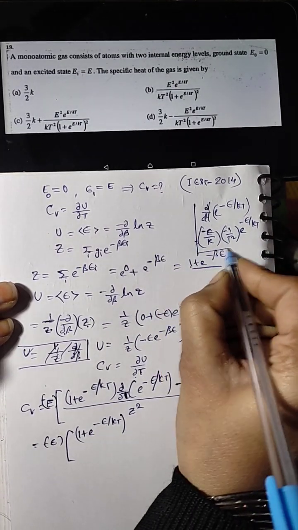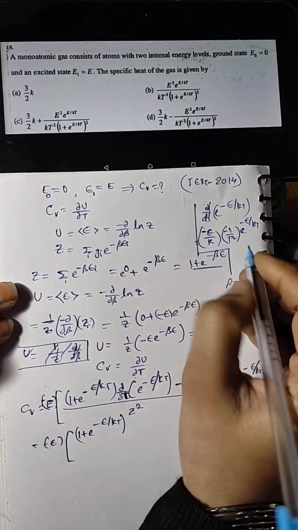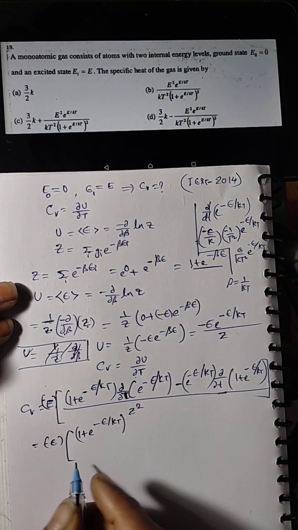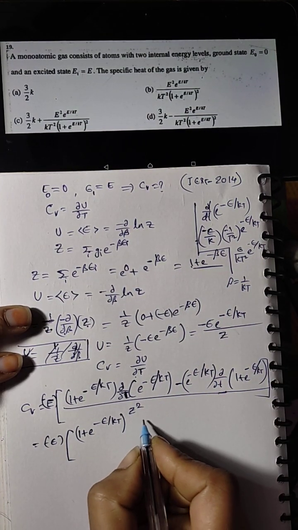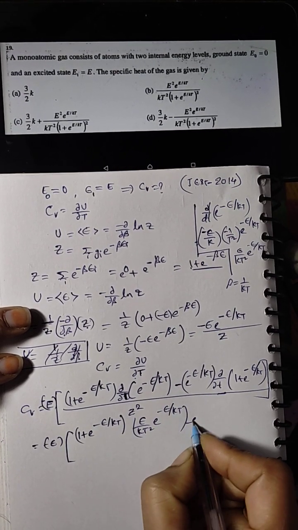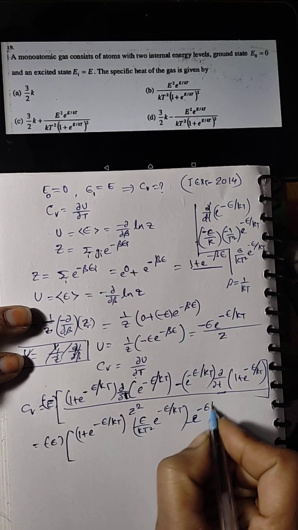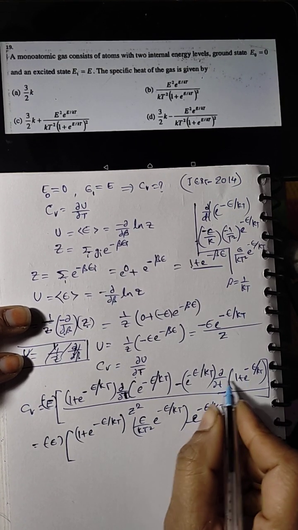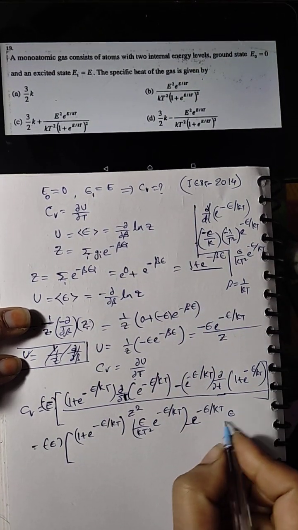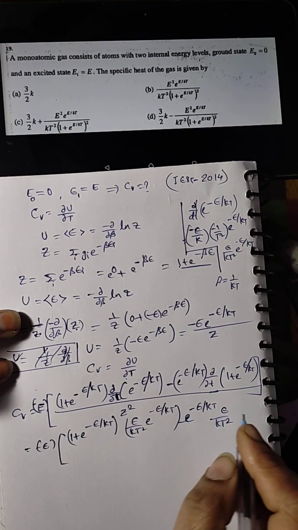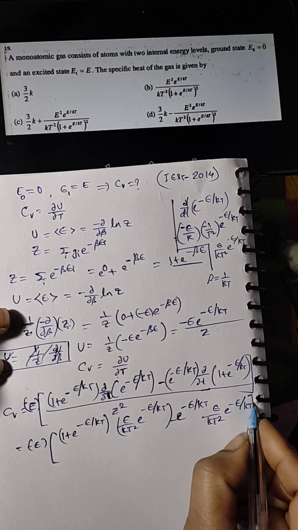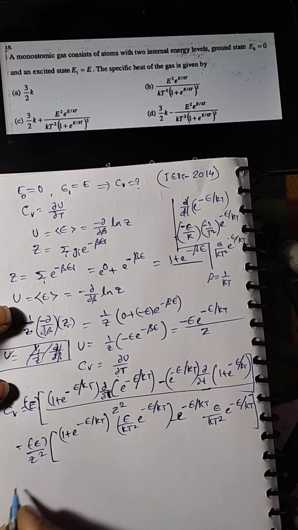So we get E by kT square e power minus E by kT minus, as it is, E by kT, differentiating 1 gives 0, same differentiation of e power minus E by kT gives E by kT square e power minus E by kT, by Z square.